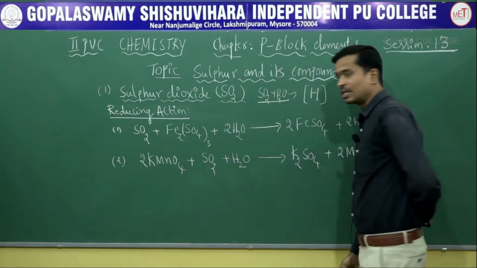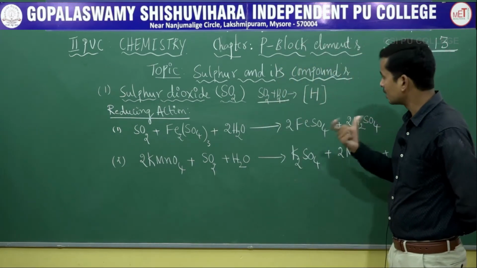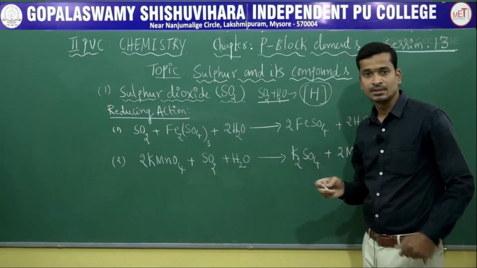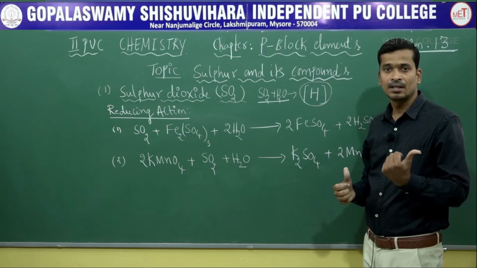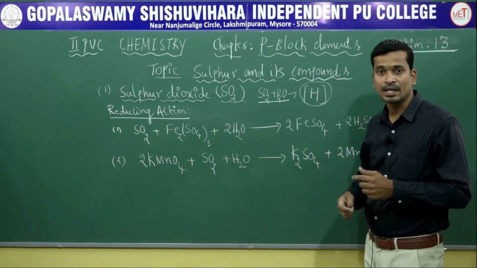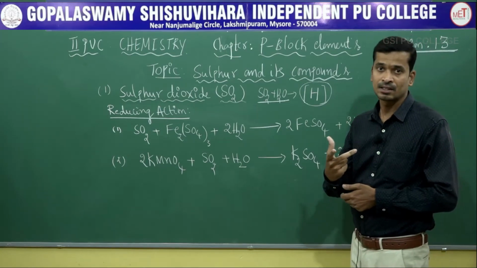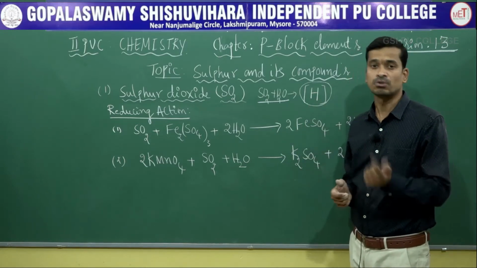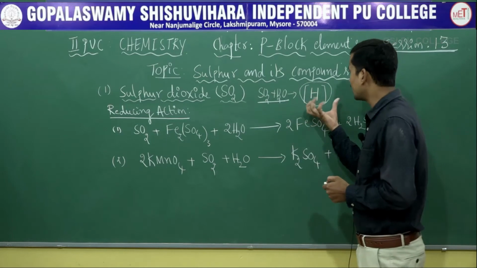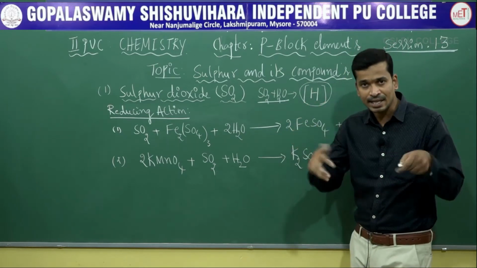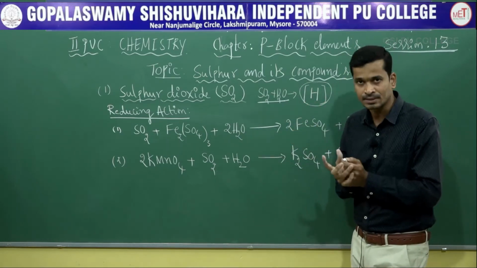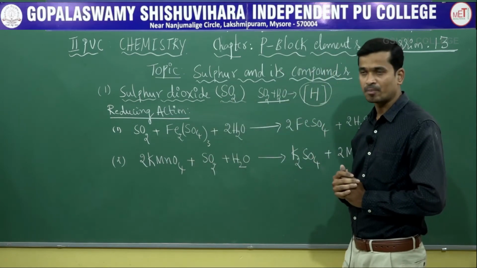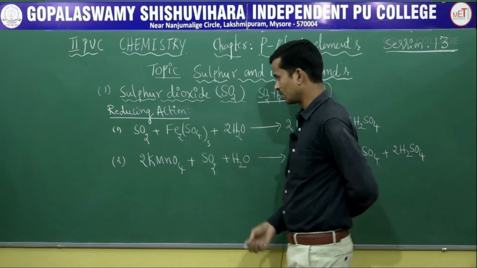In the aqueous medium it acts as a reducing agent due to liberation of nascent hydrogen. In the last session, I already explained what is meant by nascent oxygen in the properties of ozone. In the same way, nascent hydrogen is generated inside the reaction mixture. It reduces some organic compounds. Let us consider them one by one.